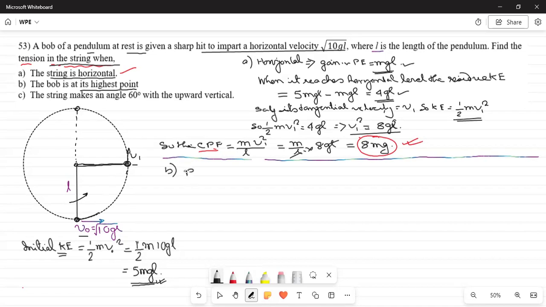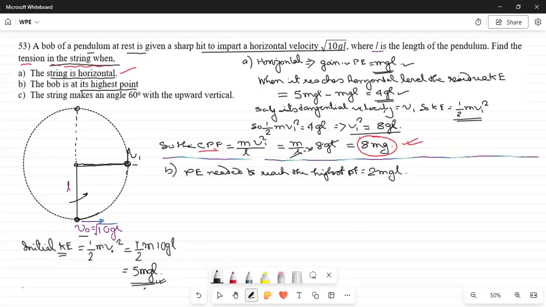So the potential energy needed at the highest point is 2 mgL.